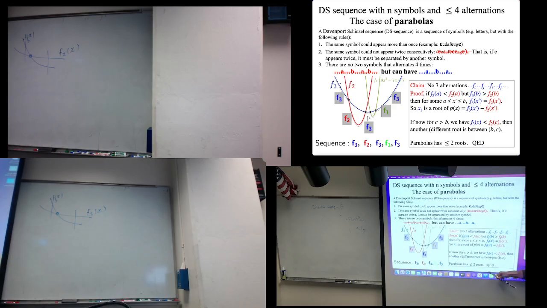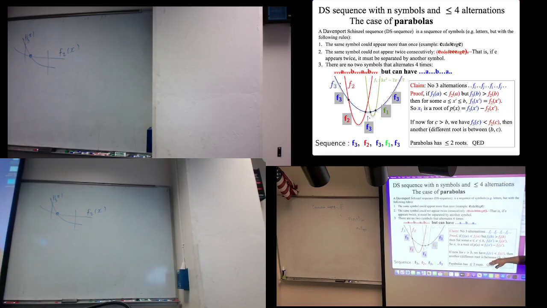Okay, let's continue. Let's say that there is another alternation. Now again, at this point, who is lower? f3 is again lower than f2, meaning that between the point B, where f2 was lower, and the point C, where f3 was lower, there must be another root of the same parabola.